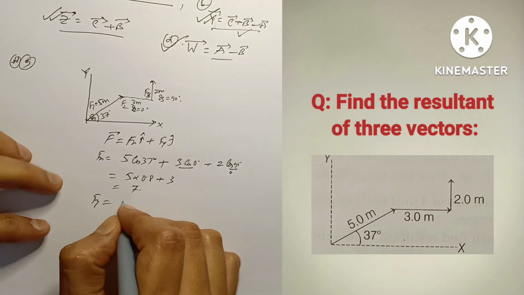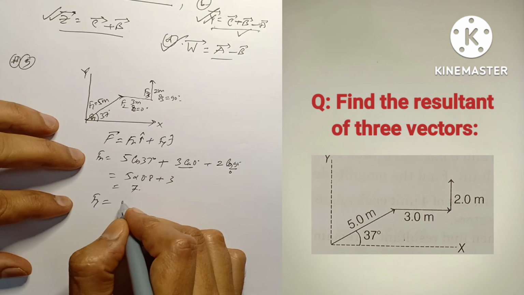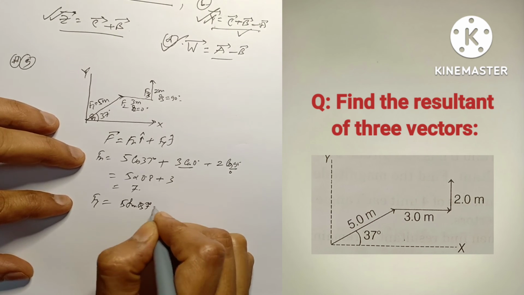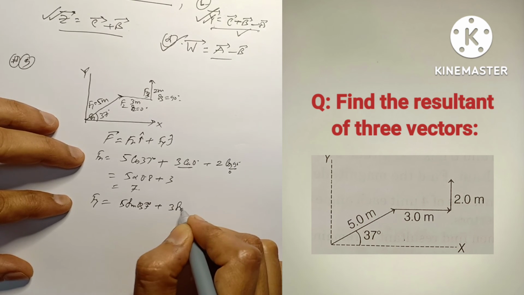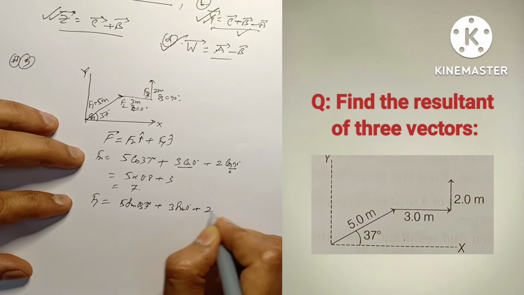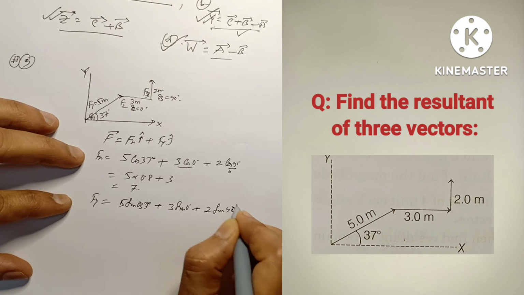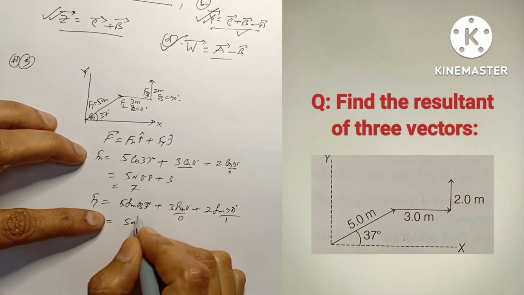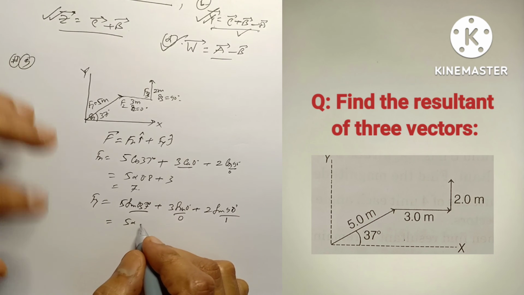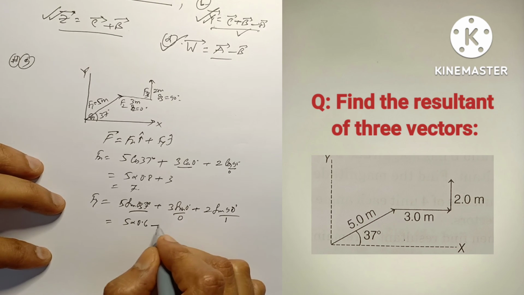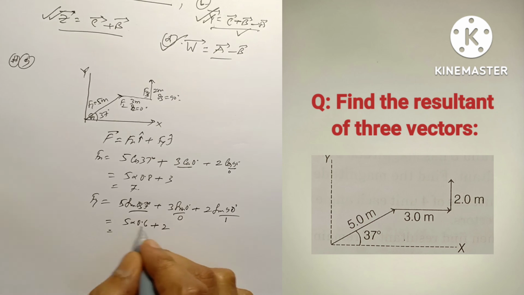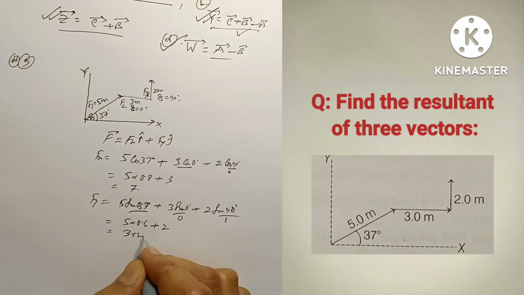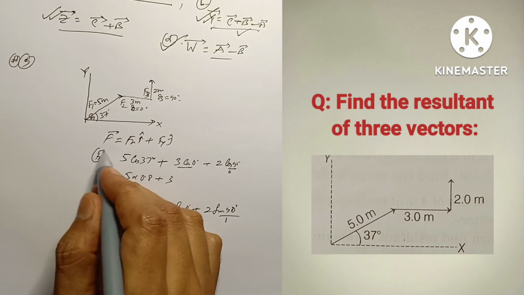And fy equals 5 sin 37 degrees plus 3 sin 0 degrees plus 2 sin 90 degrees. Sin 90 degrees is 1, sin 0 is 0, and 5 into sin 37, approximately 0.6, gives 3, plus 2 equals 5. So we get fx and fy.